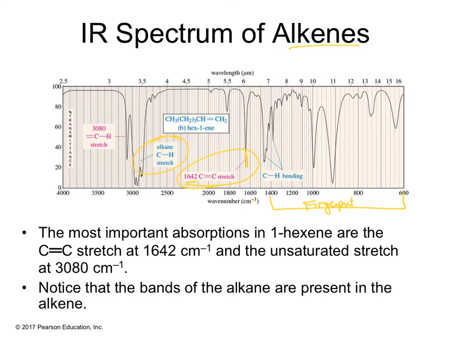And then you also have an sp3 carbon-hydrogen stretch around 3000. And then here you have the sp2 carbon-hydrogen, and that's at 3080. It's right here. So you can report these three important peaks.